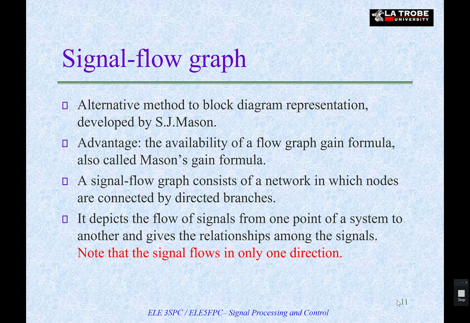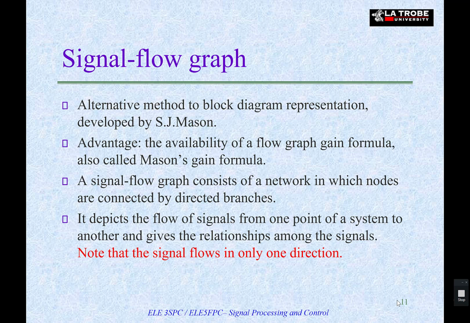With this formula available, it is easy for us to find the transfer function of the signal flow graph, which represents a control system. A signal flow graph consists of a network in which nodes are connected by directed branches. And the branches have a direction which shows the signal flows.